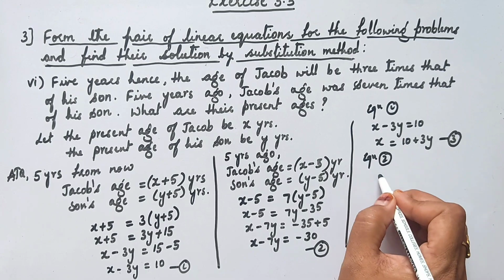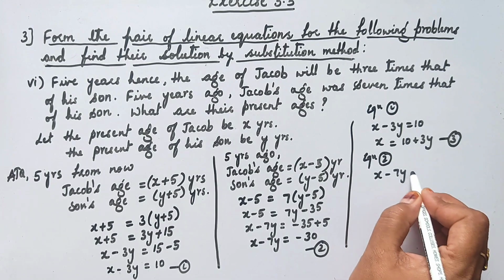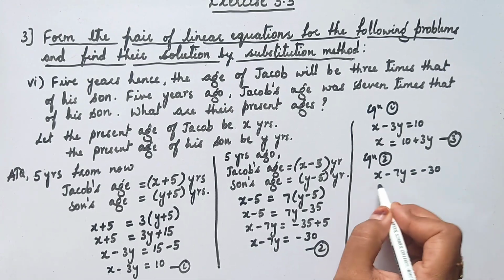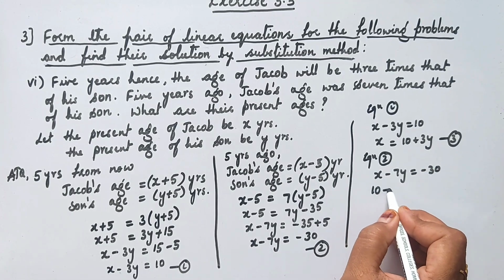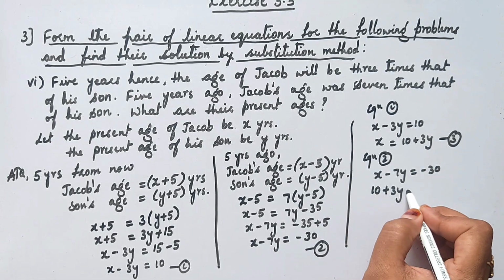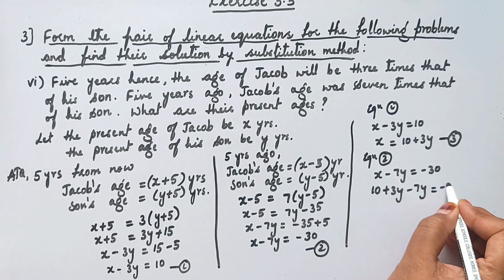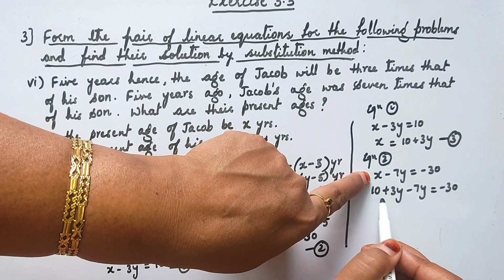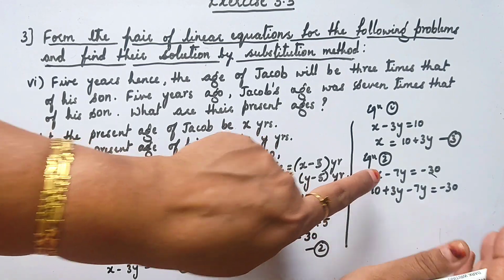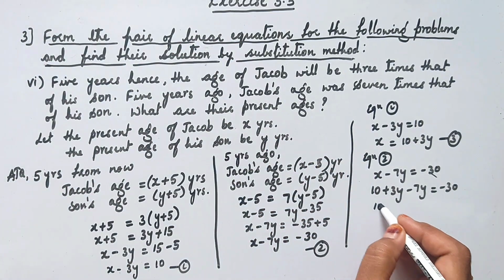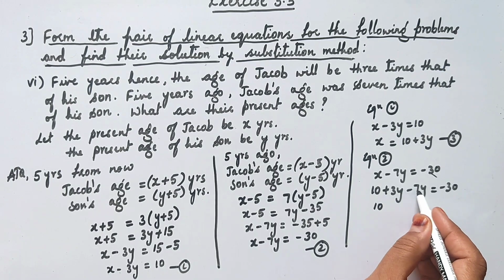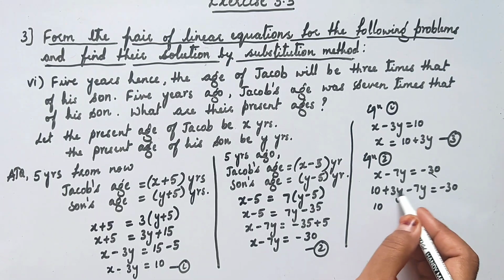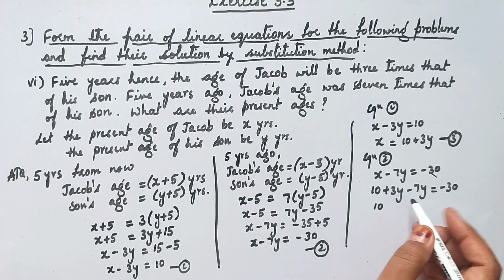Equation 2, that is x minus 7y equal to minus 30. The x value will be 10 plus 3y minus 7y equal to minus 30. Here, see, I have only substituted the x value here, rest all is the same. Okay 10. Now here, 3y minus 7y, both have different signs. Let me subtract this.